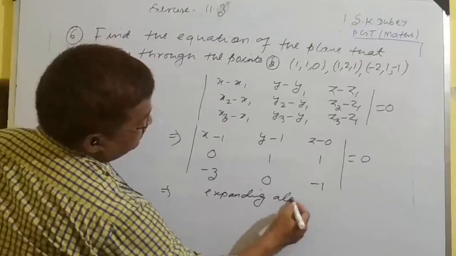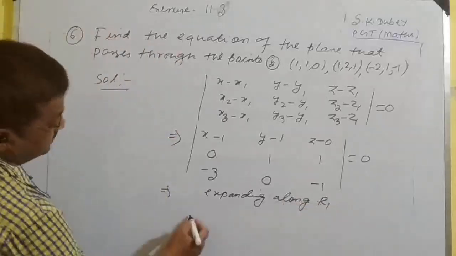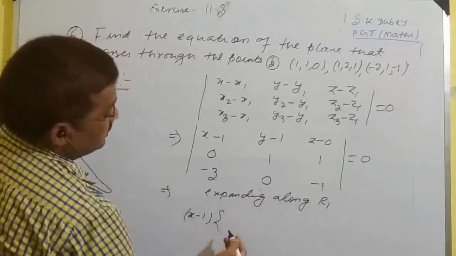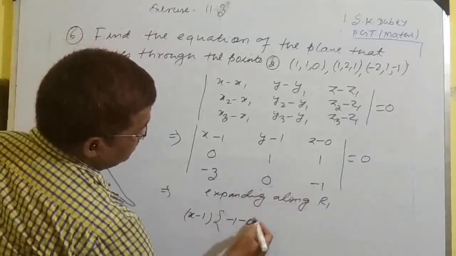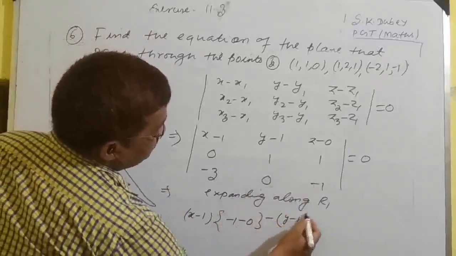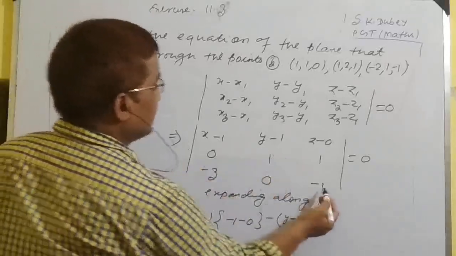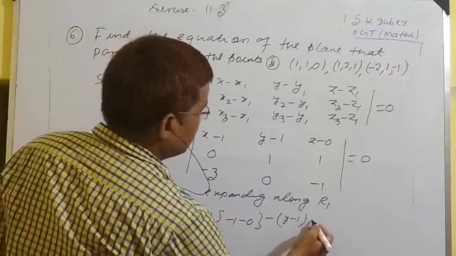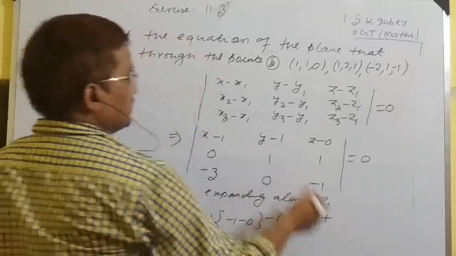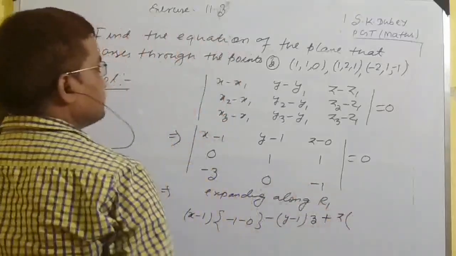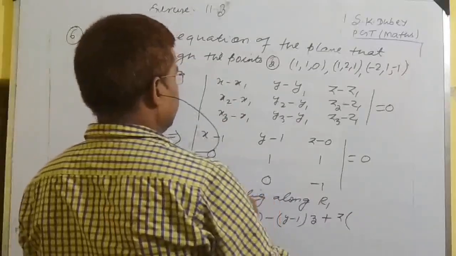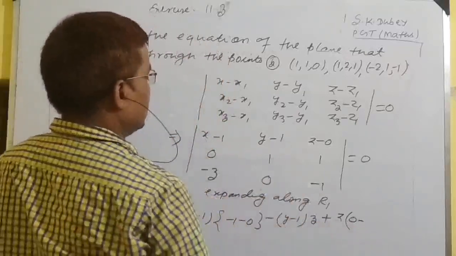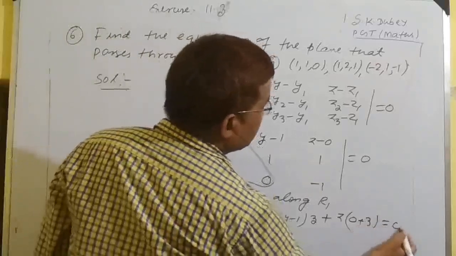Expanding along R1, this is (x minus 1), 1 into minus 1, that is minus 1 minus 0, minus (y minus 1) into (0 minus 1), 0 minus 3 into 1 minus of minus 3, that is plus 3, plus (z minus 0), that is z, and this is 0 minus of minus 3, that is plus 3, is equal to 0.